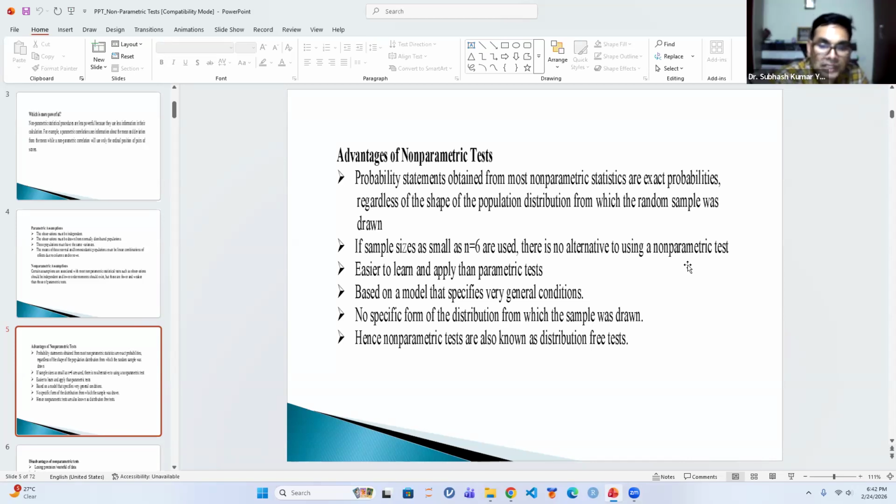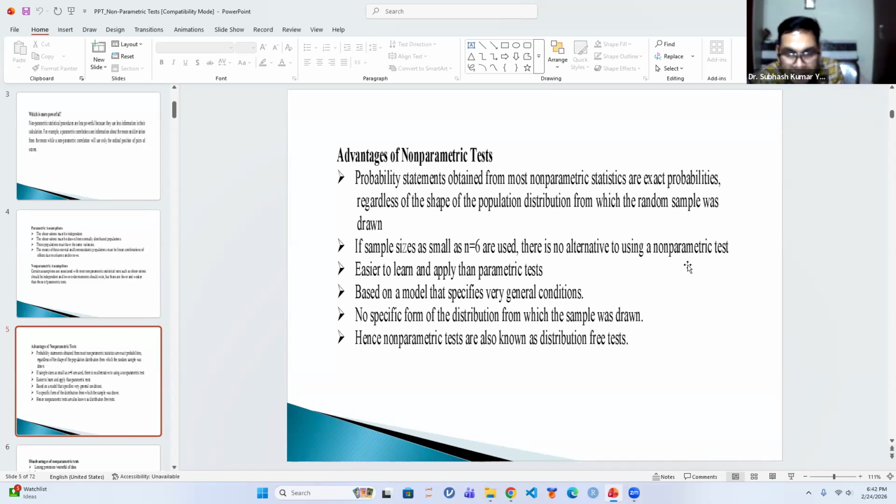These are easier to learn and apply than parametric tests, because most of the time we use the ranks only, based on a model that specifies very general conditions. So no specific form of the distribution from which the sample was drawn. We don't bother about the form of the distribution. If the distribution is non-normal, we don't bother about its form, whether it follows Poisson, gamma, beta, or exponential.